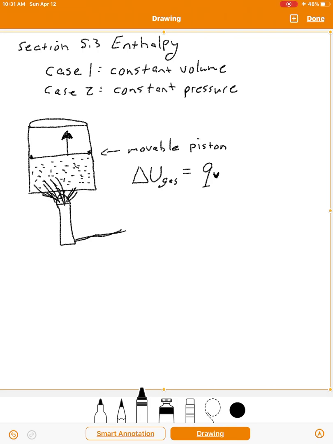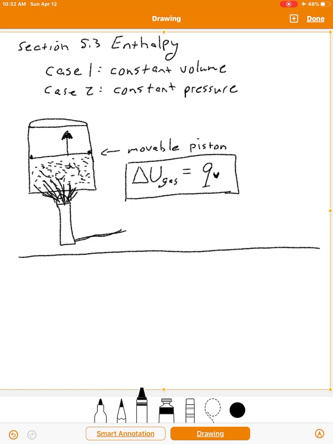So any heat that's coming in is going to go into the internal energy of the gas. The gas will have more internal energy. So that means its internal energy changes, delta U, that's a change in internal energy, is equal to the amount of heat that we're putting in because it's at constant volume. Okay? Relatively simple.